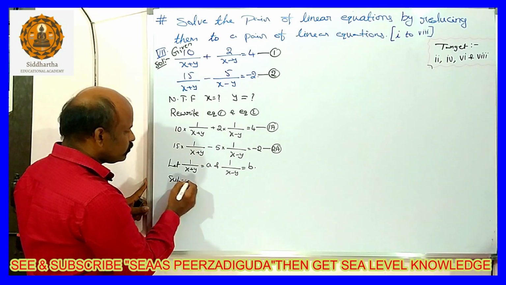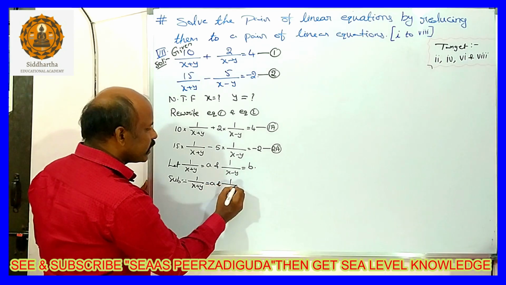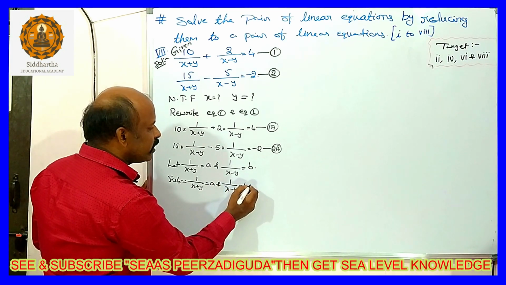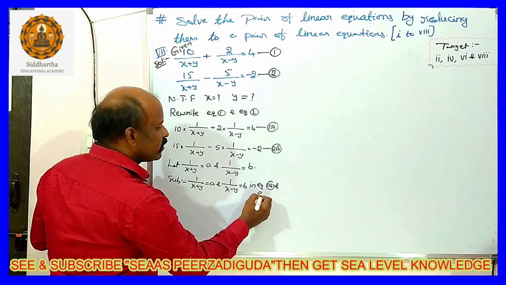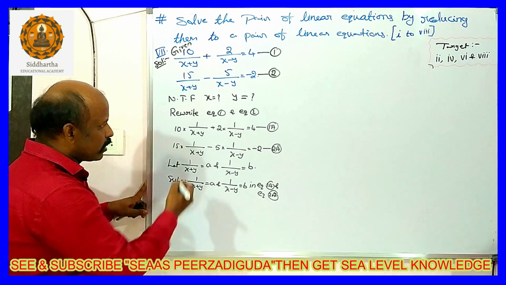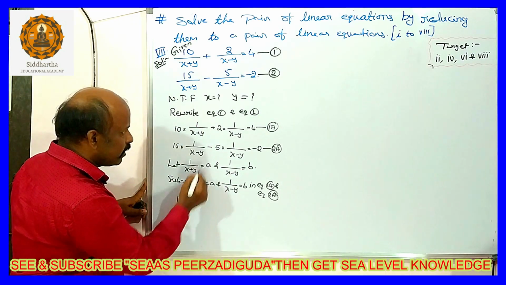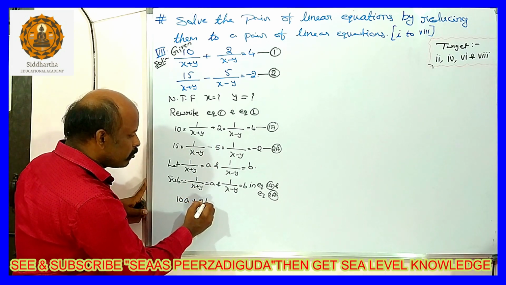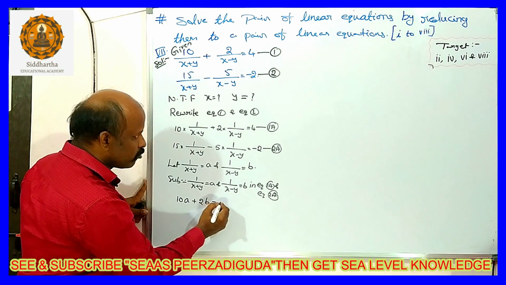Substitute 1 by x plus y is equal to a and 1 by x minus y is equal to b in equation number 1a and equation number 2a. In these two equations I am going to substitute over here. Now you observe, 10, instead of 1 by x plus y I am going to write a, plus 2, instead of 1 by x minus y I am going to substitute b. 10a plus 2b is equal to 4.